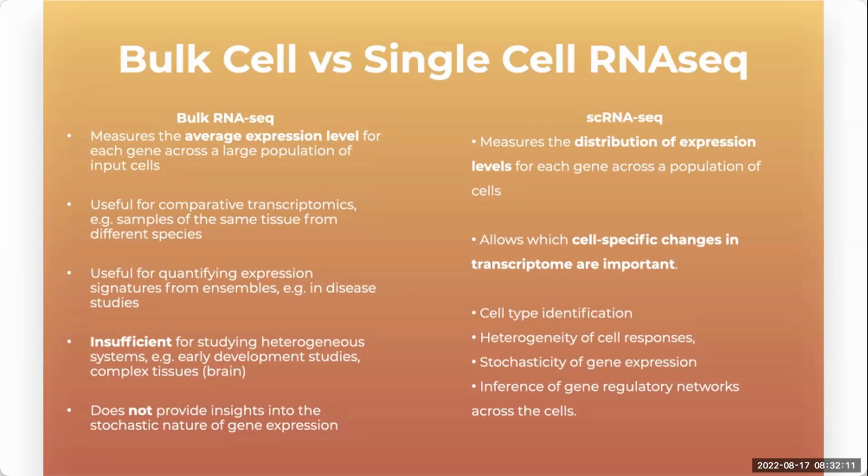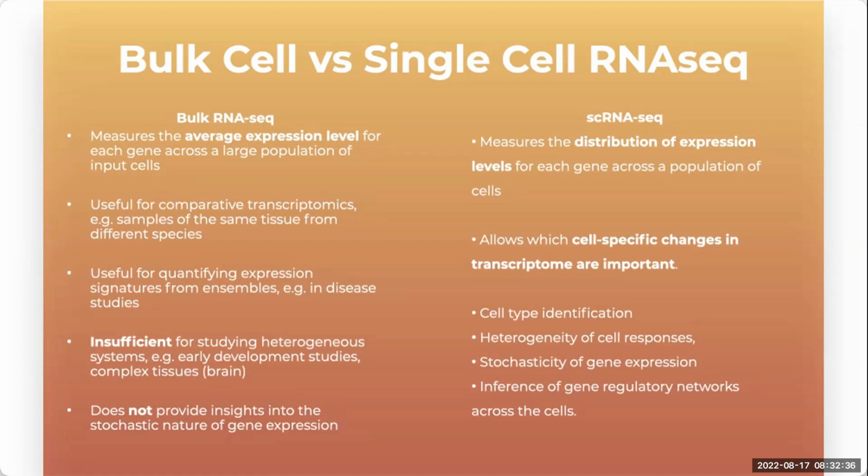But on the other hand, single cell RNA-seq actually measures the distribution of expression level for each gene across the population of cells. So this measurement of gene expression across the different cell types, or at individual cell resolution, will allow us to study new biological questions which are cell specific.